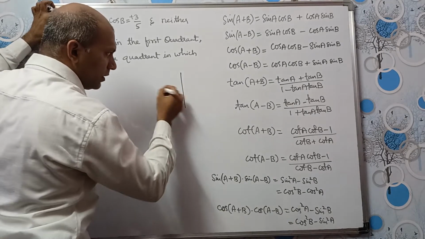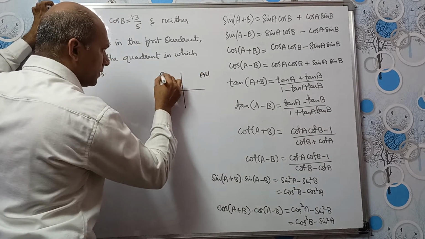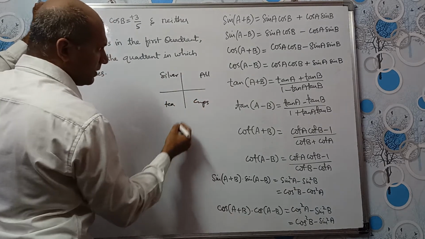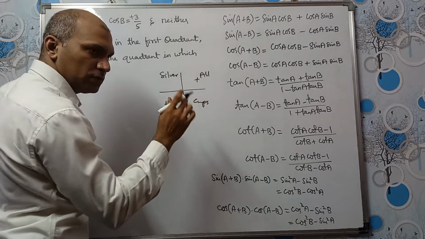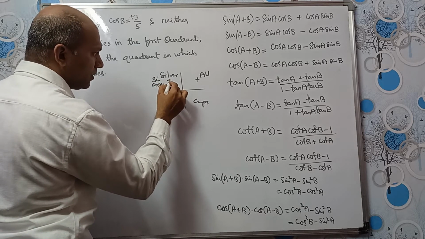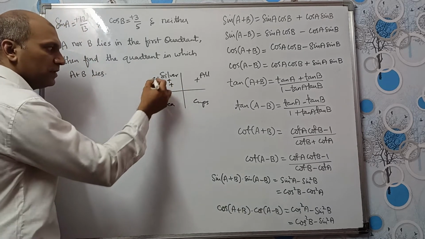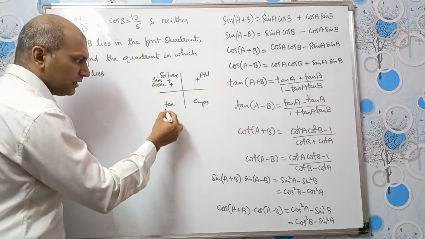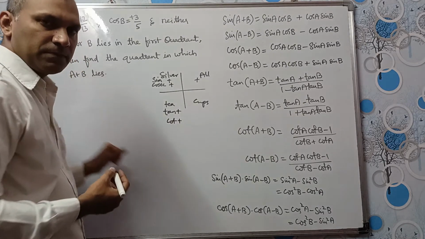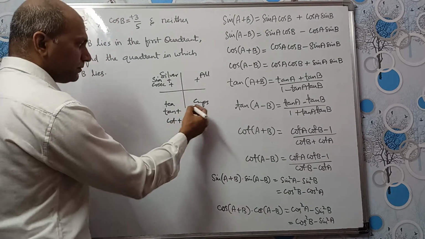So, if you recall the all silver teacups concept, here all the trigonometric ratios are positive. Here only sine and its reciprocal cosecant, these two are positive. The remaining four are negative. Here in the third, tan and cot are positive, right? The remaining four are negative.